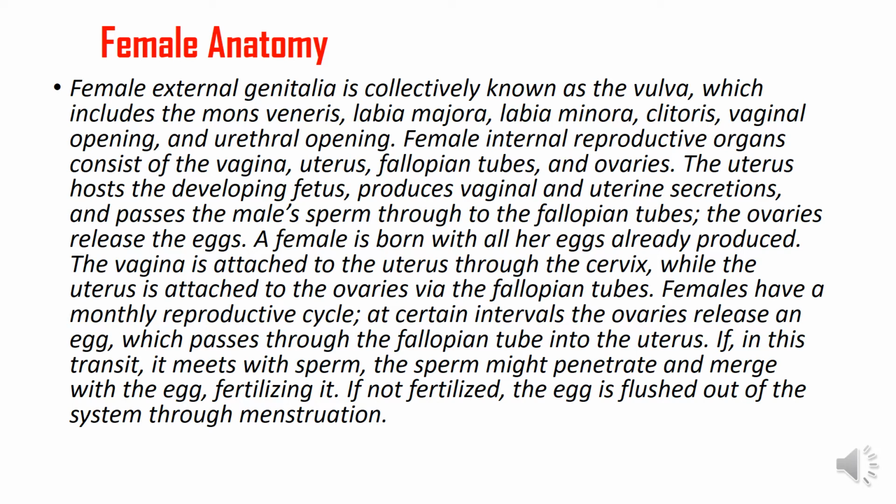If not fertilized, the egg is flushed out of the system through menstruation. So there is no zygote produced, because the egg is not fertilized. So the female is not pregnant.